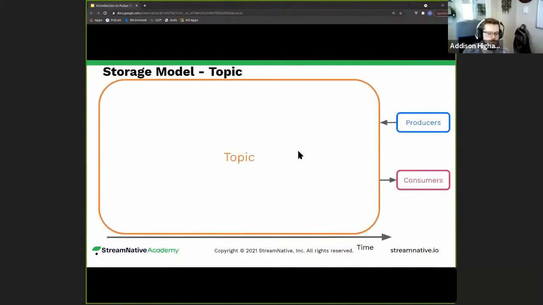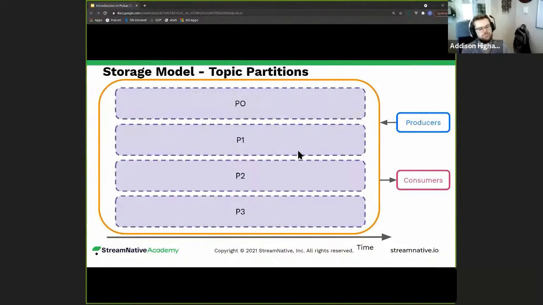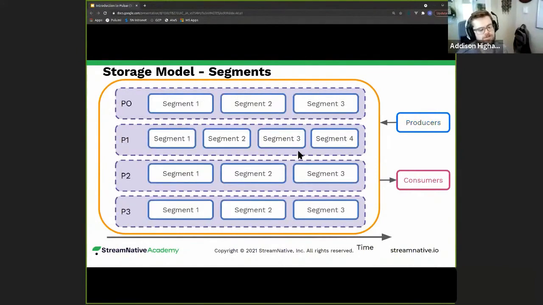Okay, so we've talked about producers, consumers, and topics. A topic can be composed of many topic partitions. This is how Pulsar is able to scale out, with one topic that can span many brokers. Each one of these topics is composed of a sequence of segments, and a sequence of segments makes up a topic or a topic partition. Producers are only ever writing to the most recent open segment.